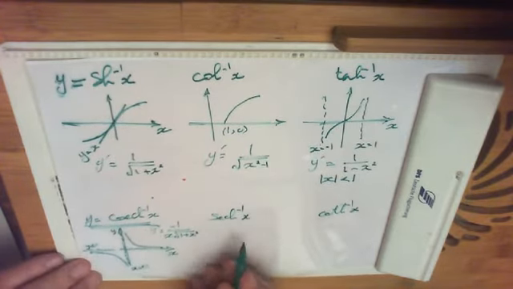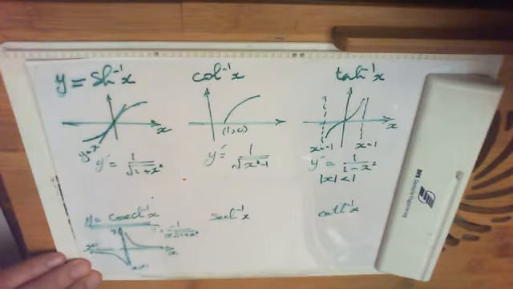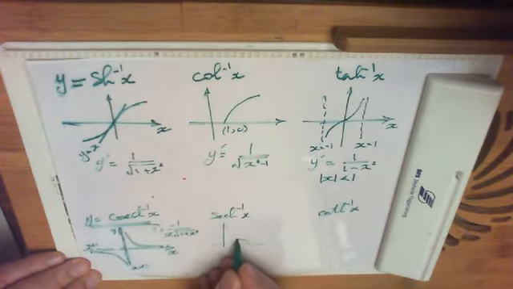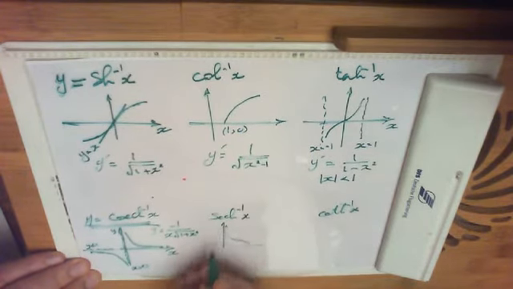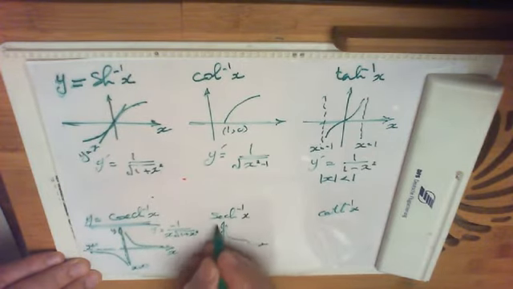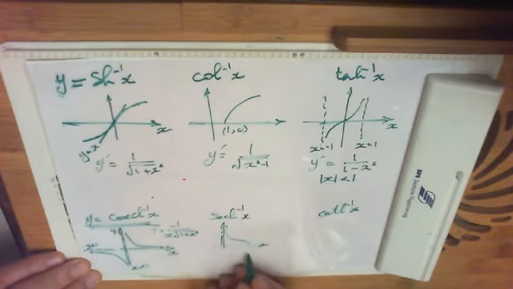Okay, here sech minus 1 has the curve in this form. It has the y-axis as a vertical asymptote.